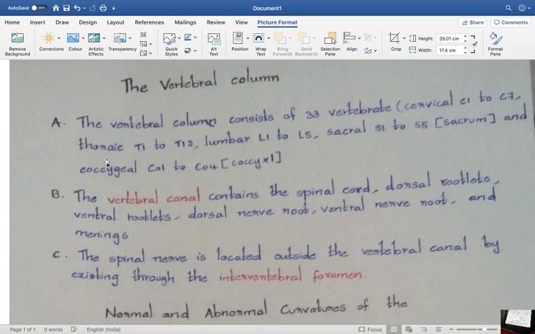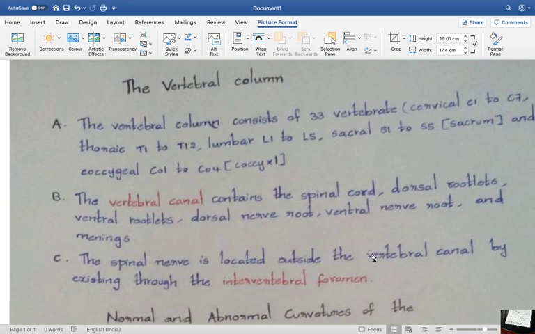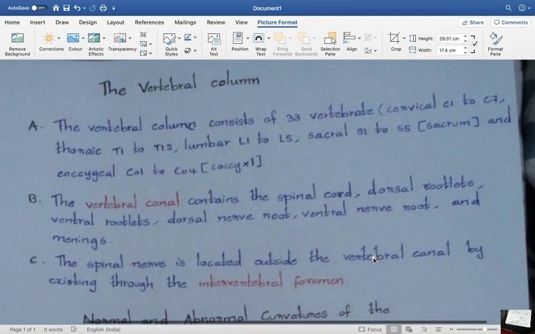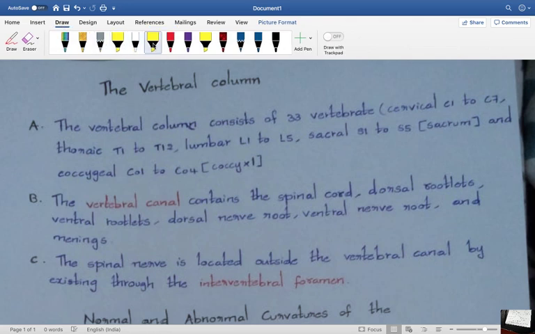Now I am coming up with 400 pages of totally 2000 high-yield points for the NEET PG FMGE in each subject. Now let's quickly talk 10 points about the vertebral column for tomorrow's exam.